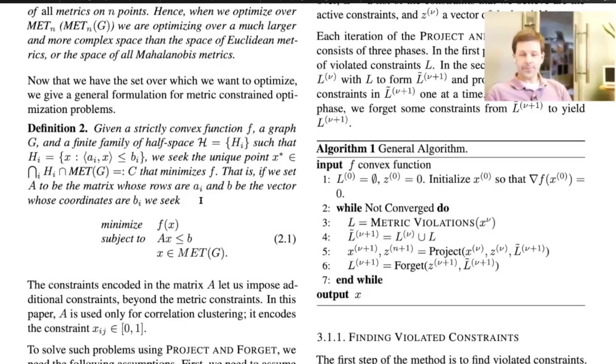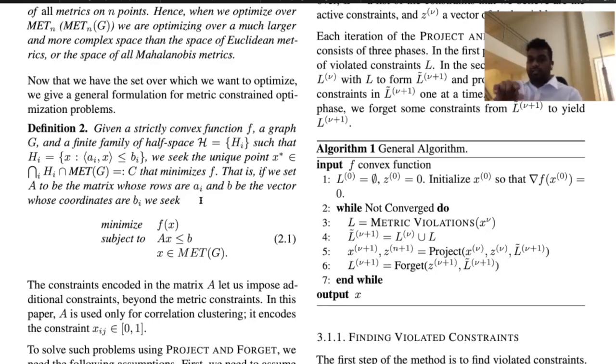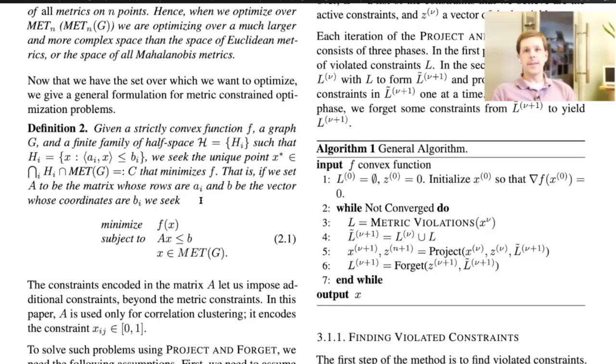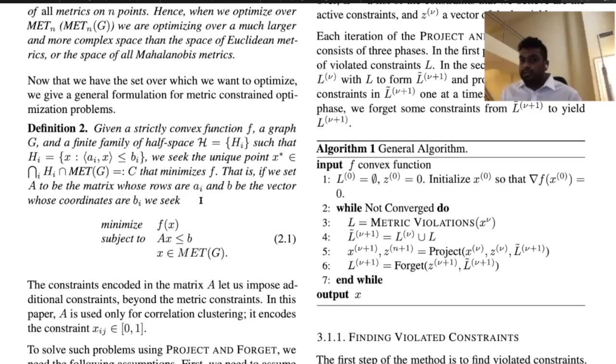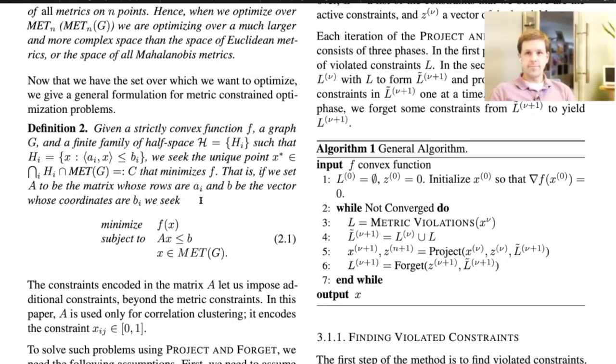Instead of saying the distance from x to y is smaller than the distance from x to z plus z to y, we say the cycle inequality is that the distance from x to y is smaller than x to z1, z1 to z2, z2 to z3, and so on, and then the last point to y. For each cycle in your graph, we get an inequality, and each of these inequalities must be satisfied.